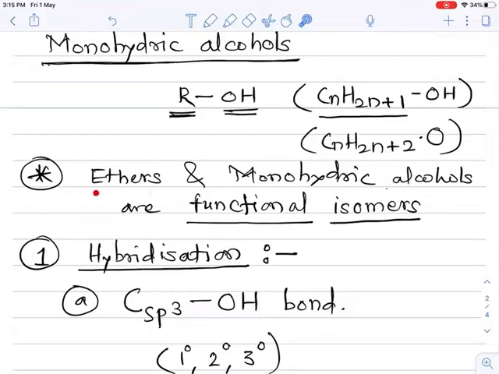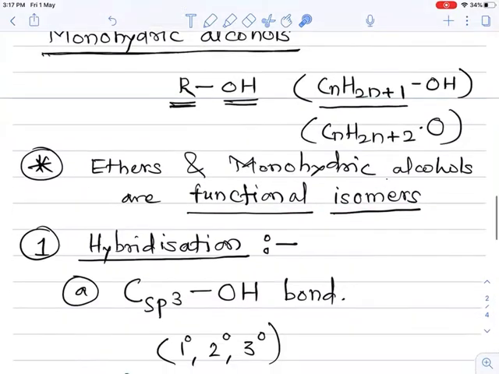So ethers have the same general formula, that is CnH2n+2O, and monohydric alcohols also have the same molecular formula. So ethers and monohydric alcohols are functional isomers. You have studied in 11th standard also.